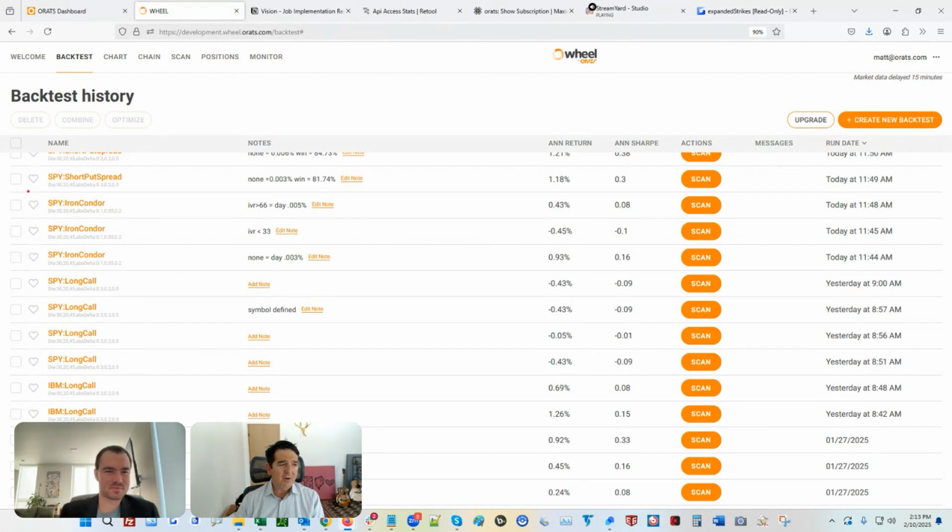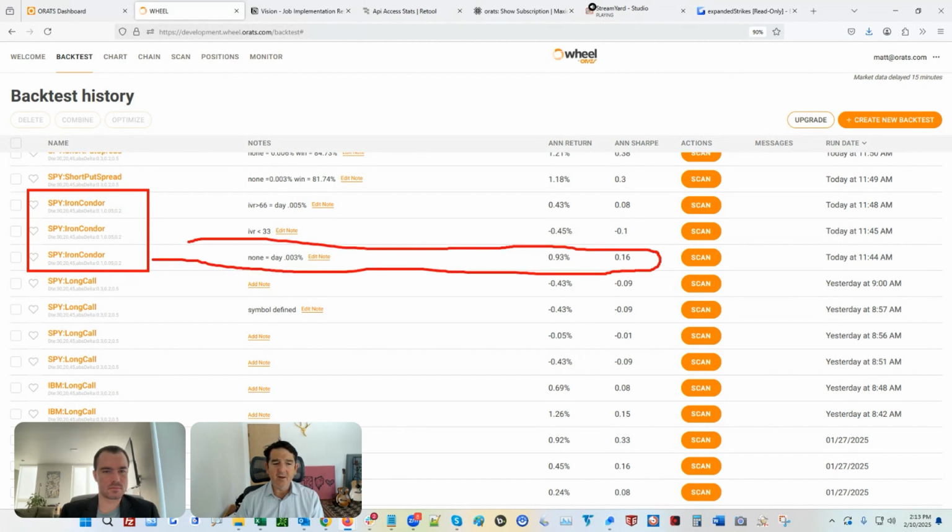Okay, cool. So I've run some iron condors, and what I wanted to do is run just a typical iron condor, and then look at its returns over time. Now it looks low because it's divided by the stock price instead of margin. We could look at margins later, but I like to backtest this way and make it look low, so it's more comparable to me.